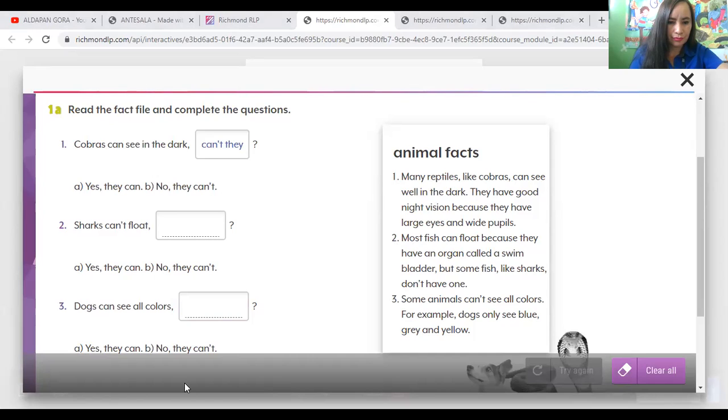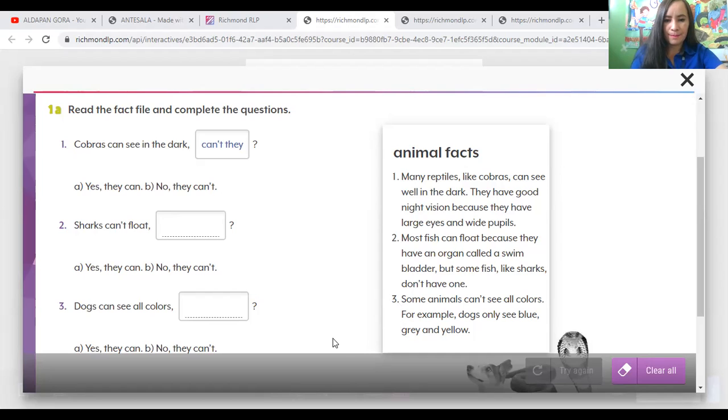Many reptiles, like cobras, can see well in the dark. They have good night vision because they all have large eyes with large pupils. Very good. Sophie, number 2, please. Most fish can float because they have an organ called a swim bladder, but some fish, like sharks, don't have one.